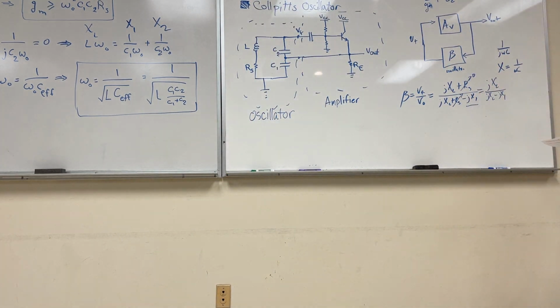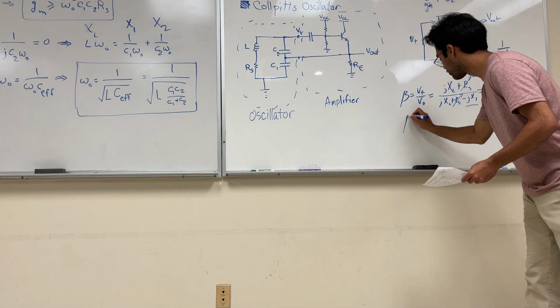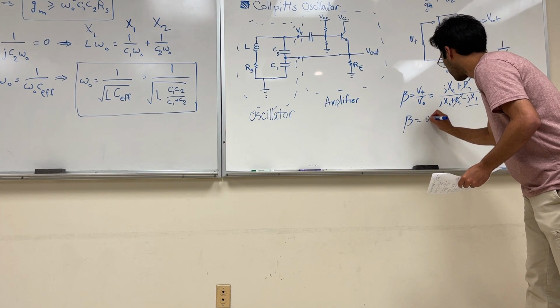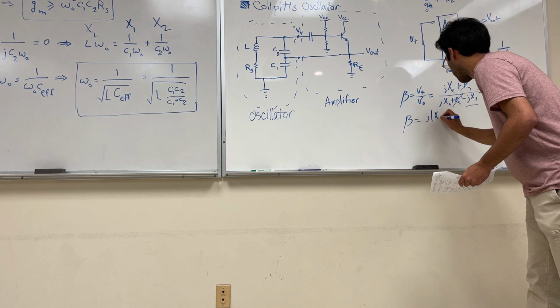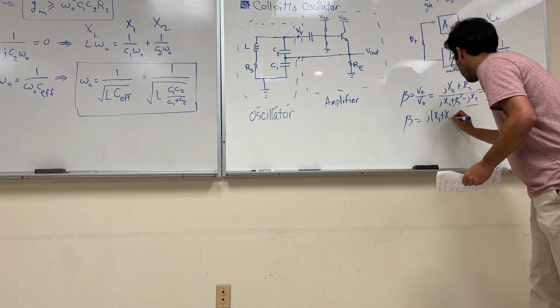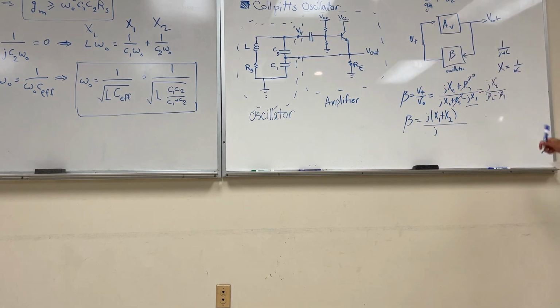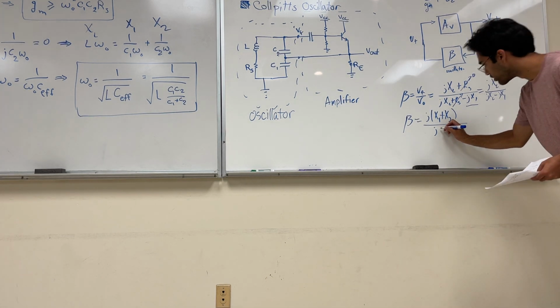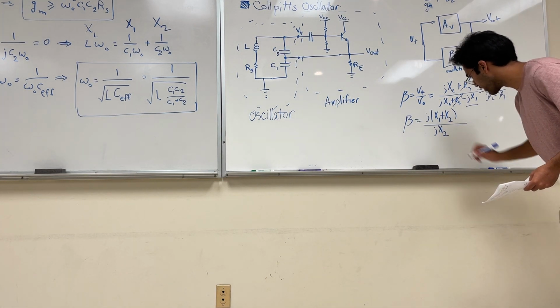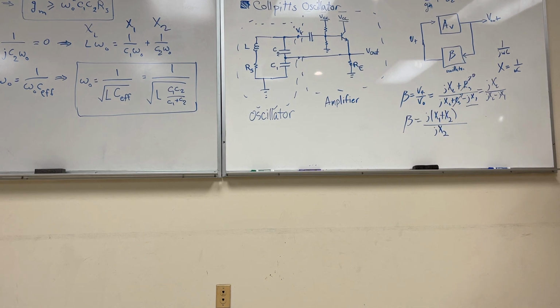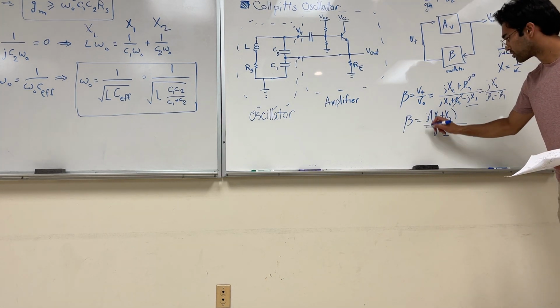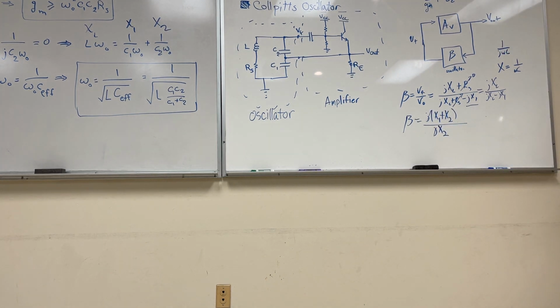And so we can say our gain is now equal to your two reactances of your capacitors added together over, when jXL equals X1 plus X2, minus X1, that's just your second capacitor reactance. And so beta is approximately equal to X1 plus X2 over X2.